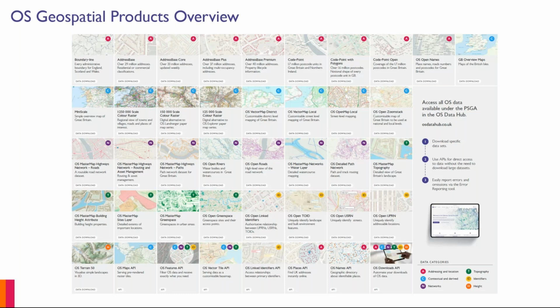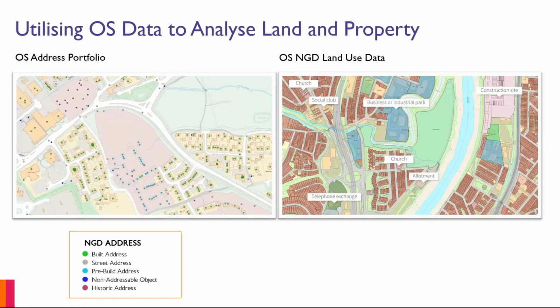So I just want to bring this to life in a little bit more detail around how Ordnance Survey data can be utilised to analyse land and property. And with accurate, trusted address data now available with up-to-daily updates, you can really understand and gain insight from the full address lifecycle, utilising that unique property reference number using our address portfolio of products.